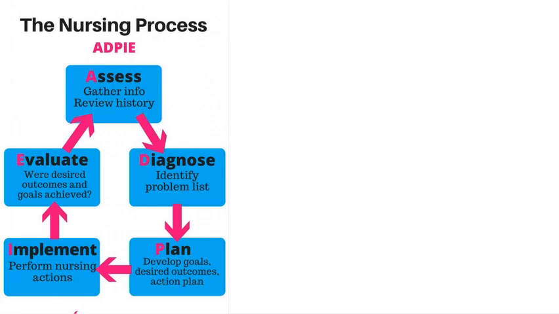We'll put them in priority order, and then we'll move to the I, which is implementing, or as I tell my students, I want you to memorize implementation equals interventions. So what nursing actions or what nursing interventions are we going to do for this patient?